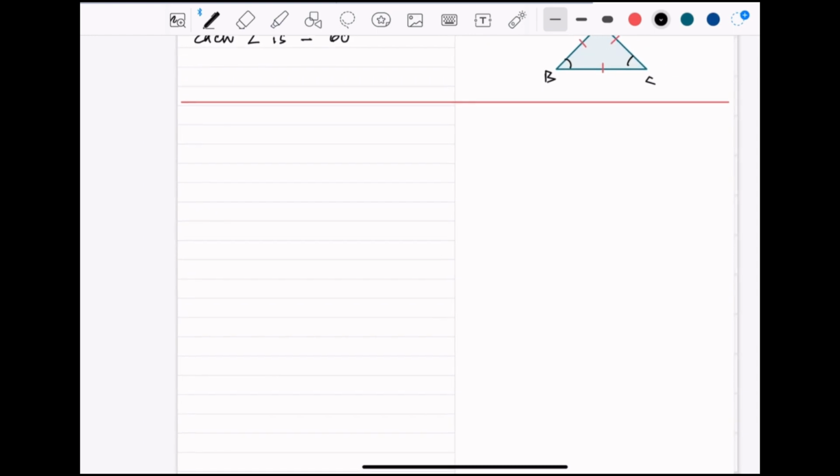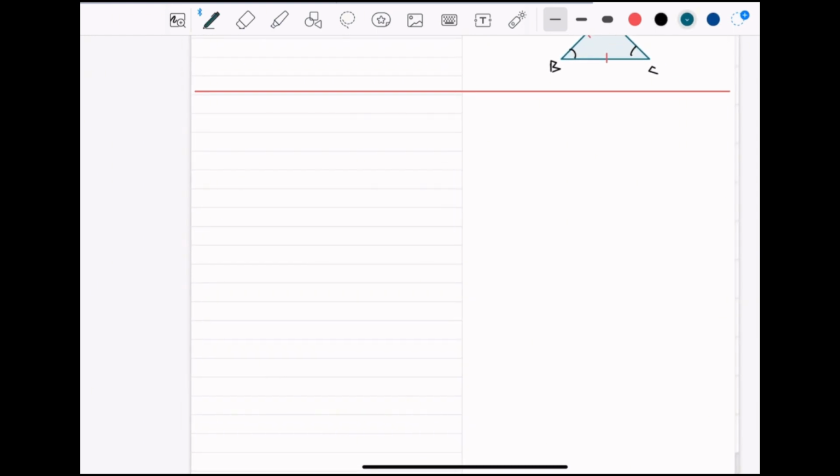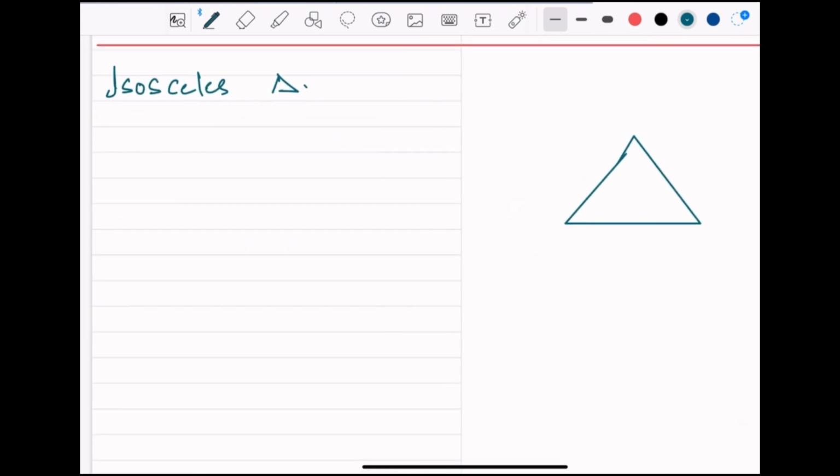Moving on to another triangle, which is an isosceles triangle. In an isosceles triangle, two sides are the same. So let's call this A, B, C, and let's say this side is equal to this side.